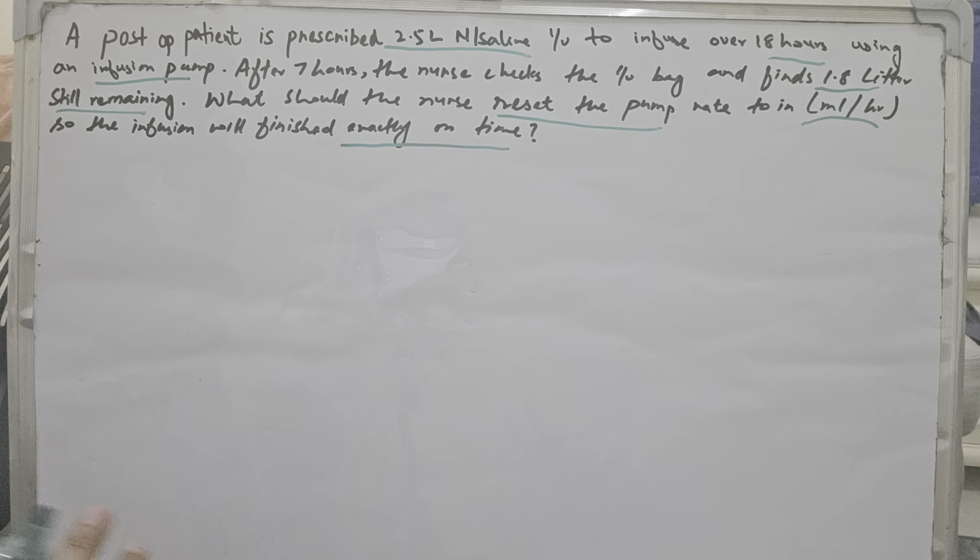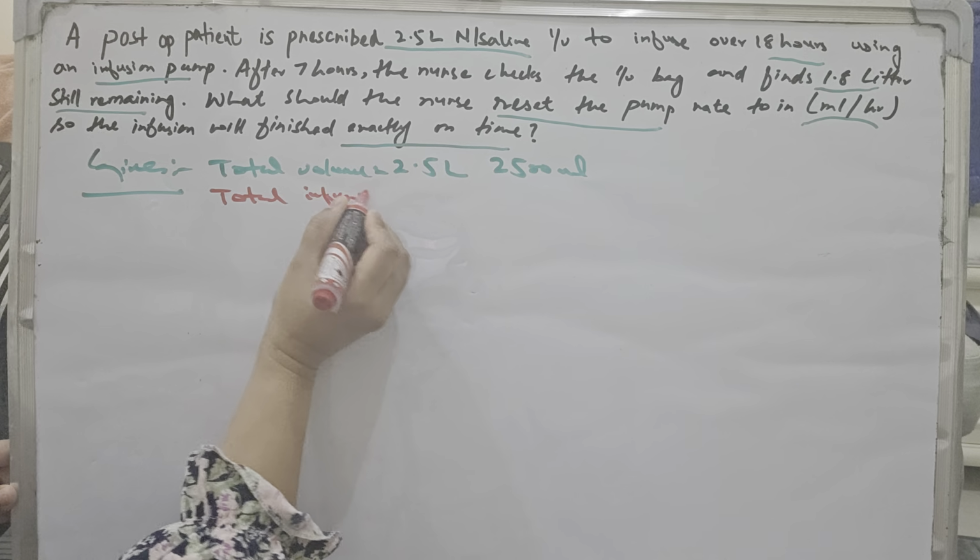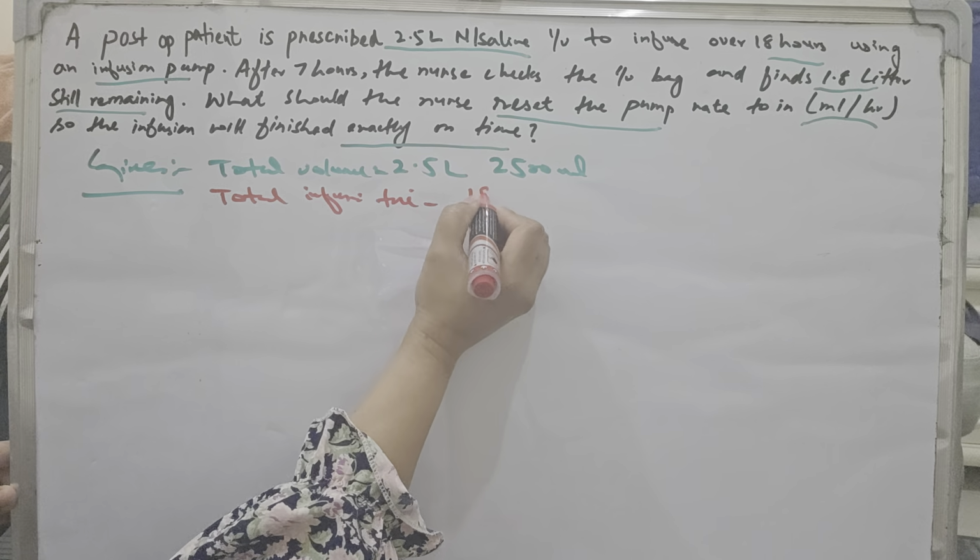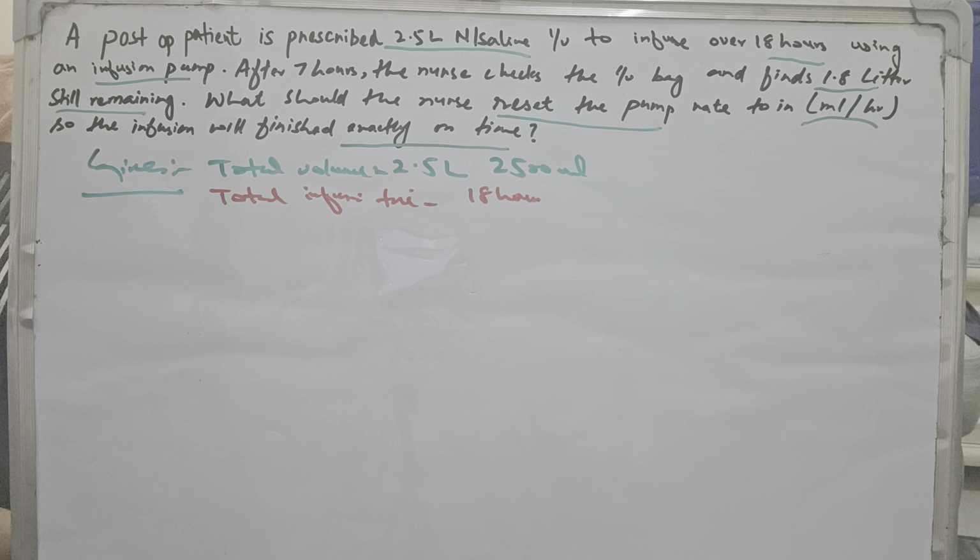So first we will check what is given in the question. They gave the total volume: 2.5 liters, meaning 2500 ml. Then they gave the total infusion time, 18 hours. We have to finish 2.5 liters in 18 hours.